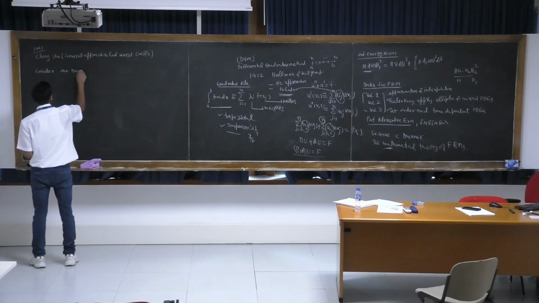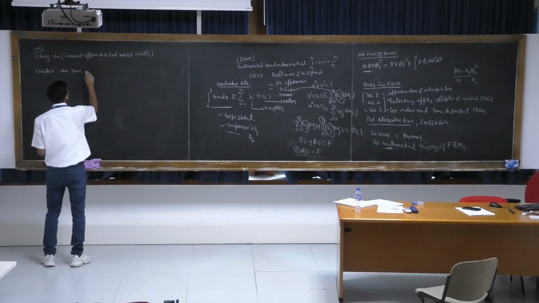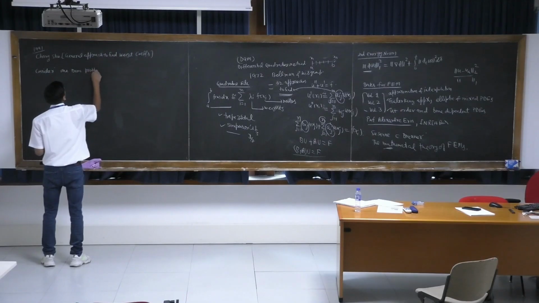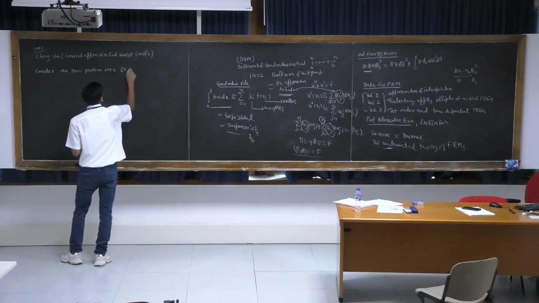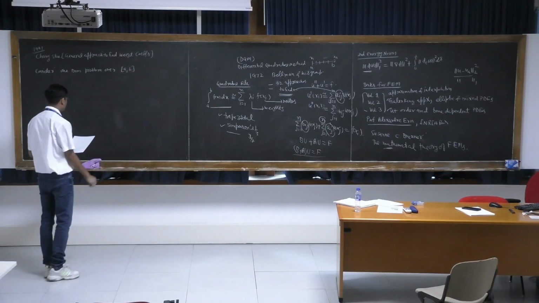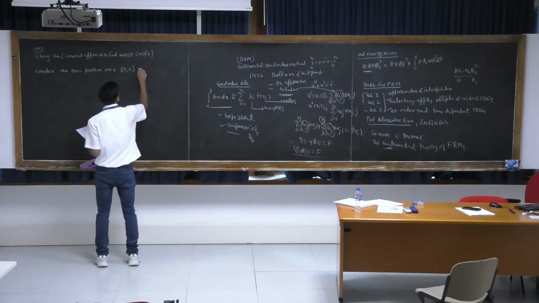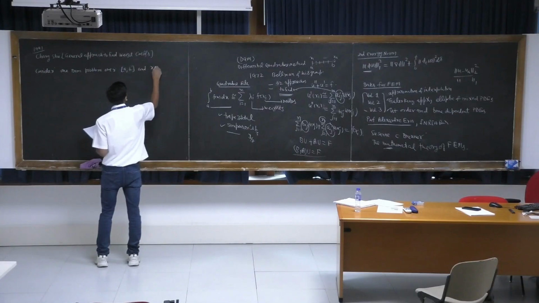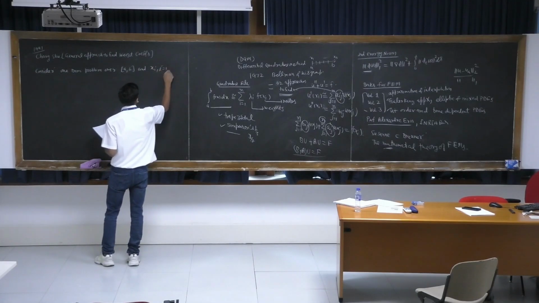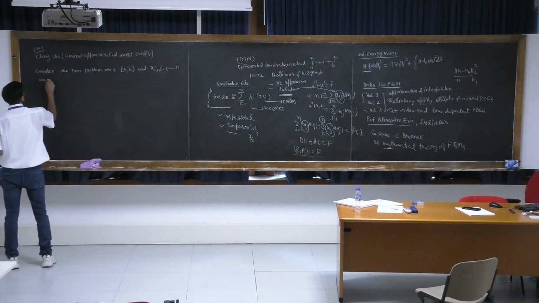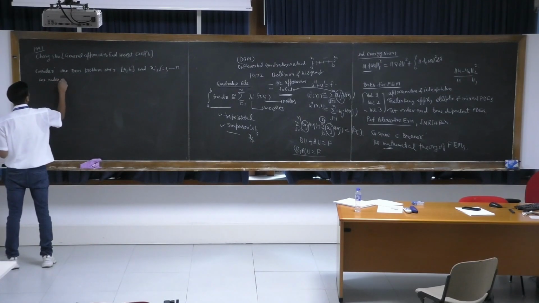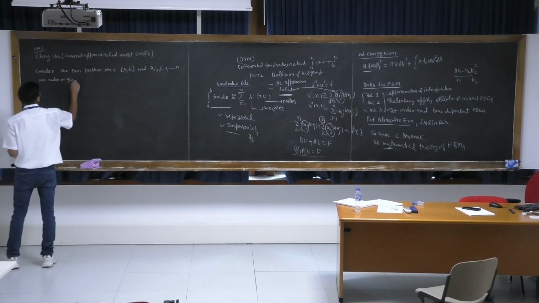For this I consider a one dimensional problem over the interval a to b, and xi, i equal to 1 to n, are nodes, or you can say grid points.